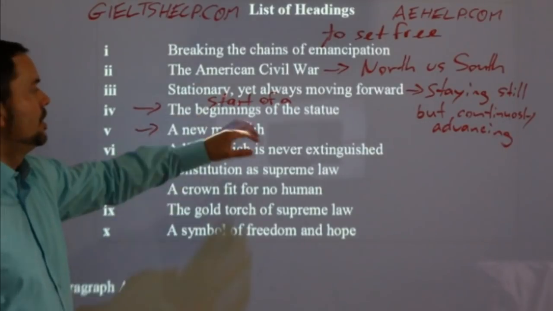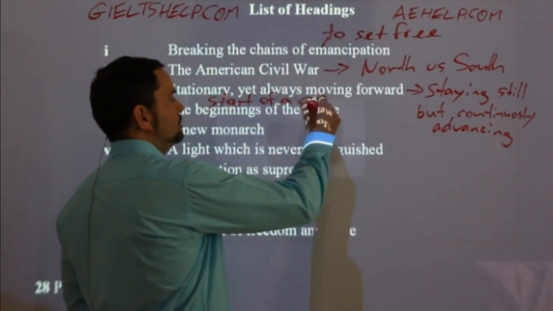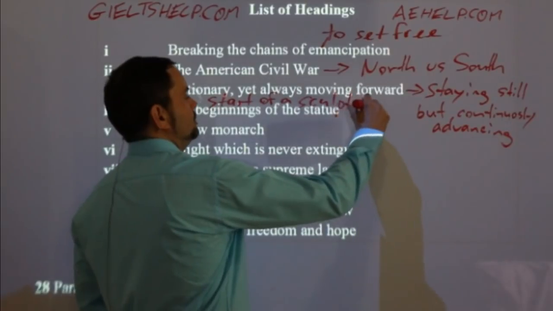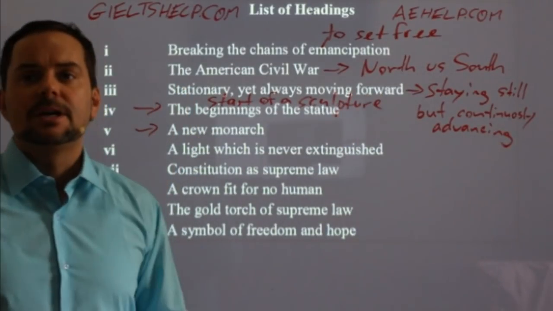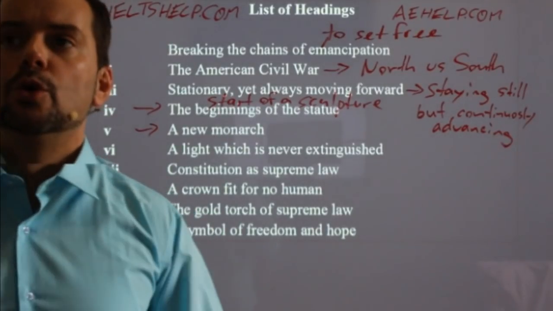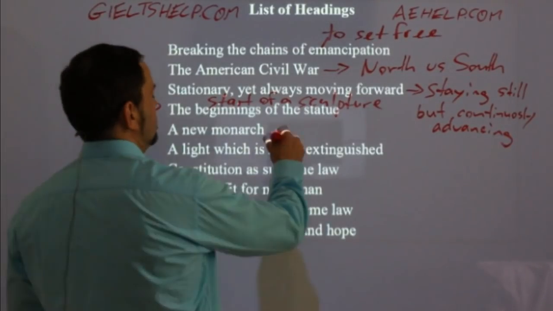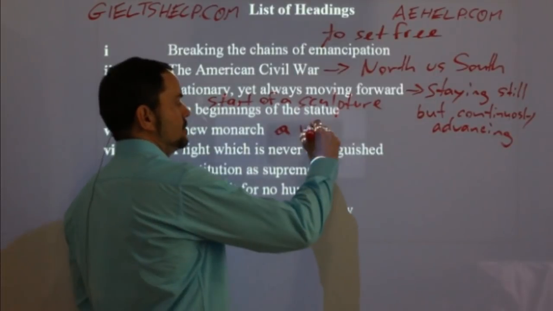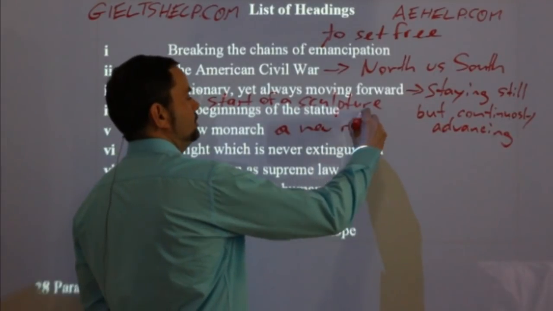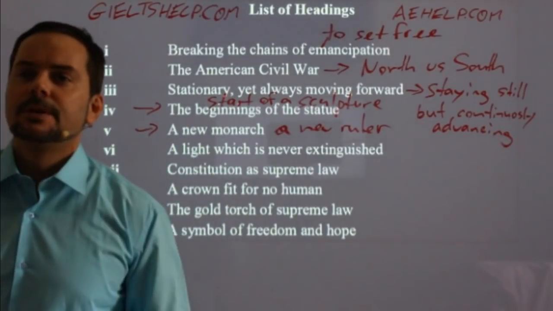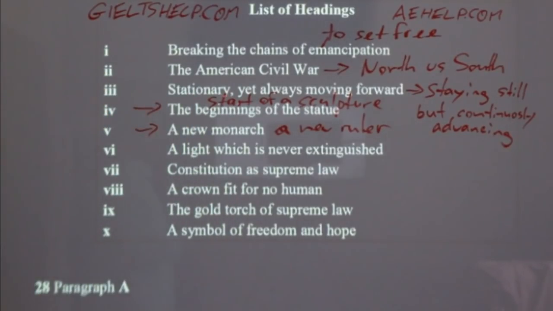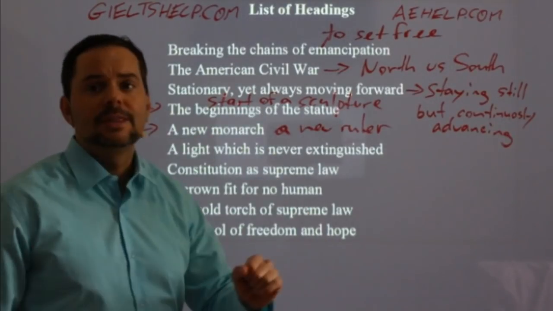So the start of a sculpture or of the sculpture, a new monarch, yeah, is a new government or a new ruler, sure. Some good paraphrasing there, students. So a new ruler, okay, new king, a new queen. So those are very good paraphrasings, and then you keep going that way.